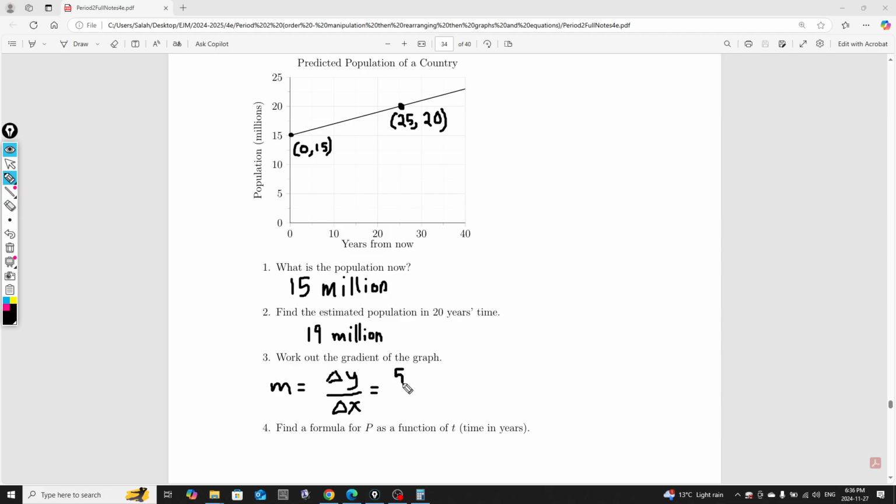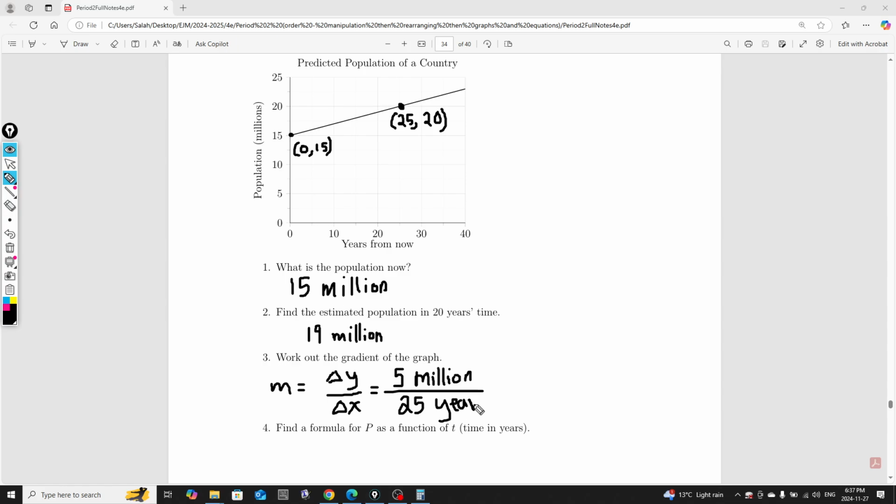So I'm going to say that was an increase of 5 million people. Now that increase of 5 million people happened in 25 years' time, right? Because we went from 0 years to 25 years. So that means my horizontal change going from 0 to 25 is 25 years.